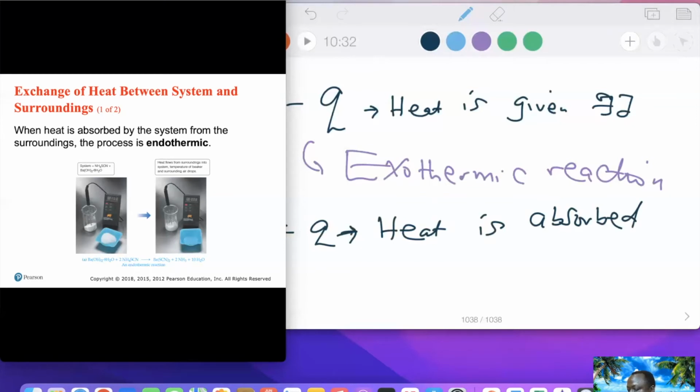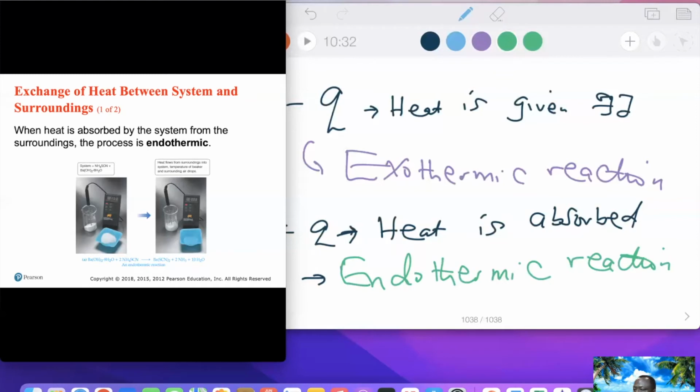We call this an endothermic reaction. I'll use the words exo and endo to remember: exit, to exit, go away; enter, getting in.